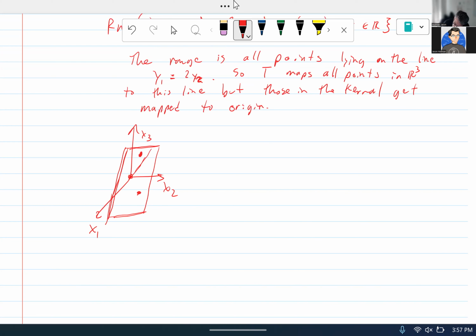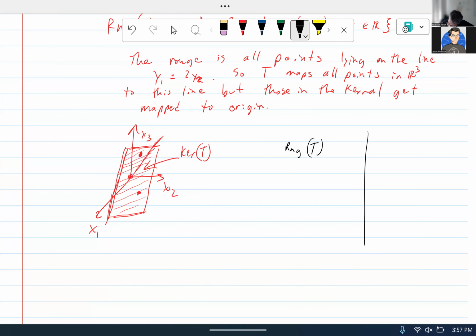And that plane is going to be called the kernel of T. Okay, so this plane, I'm going to do it in a different color, I'm going to put in red. This is going to get mapped now to my range of T, and the range ended up being a line, right?